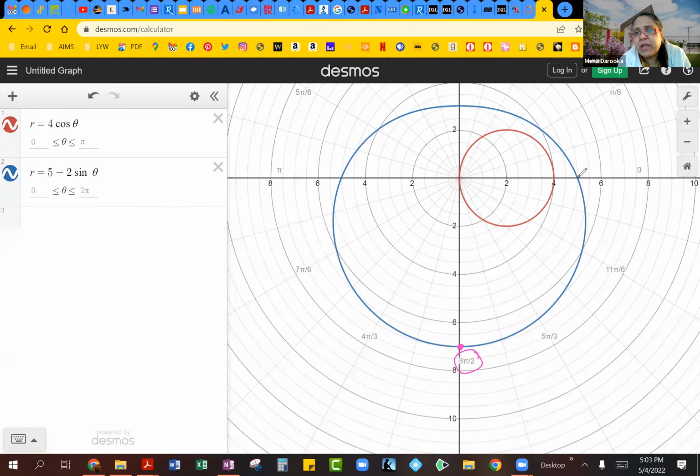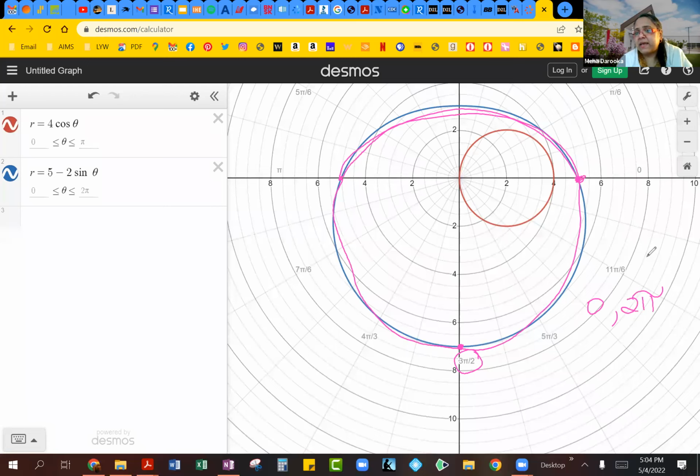So if you only went between 0 and pi, then that's the only shape you are getting for your graph. So that's why for this graph, we need to go all the way from 0 to 2 pi so that we can get the entire shape of our graph.